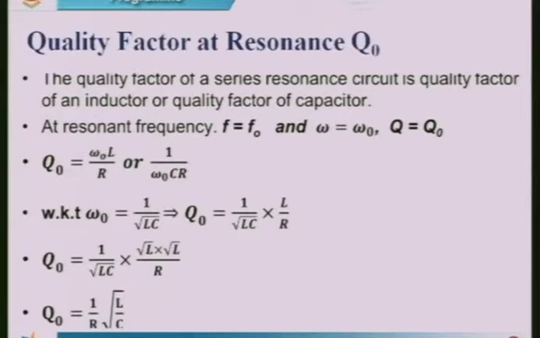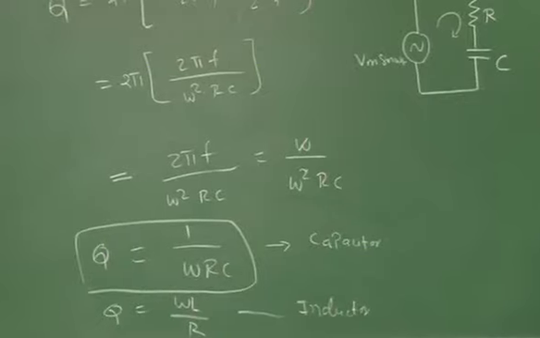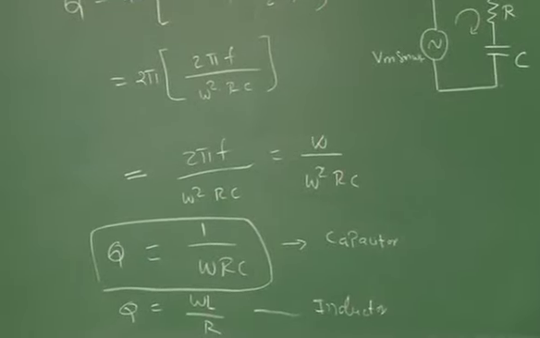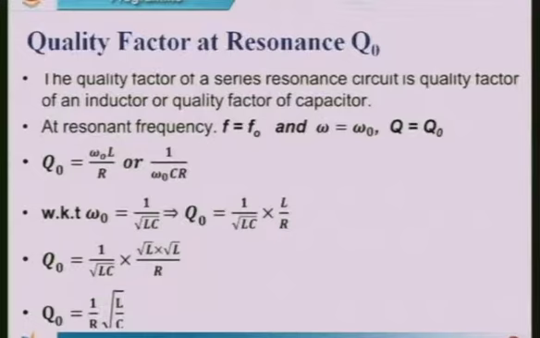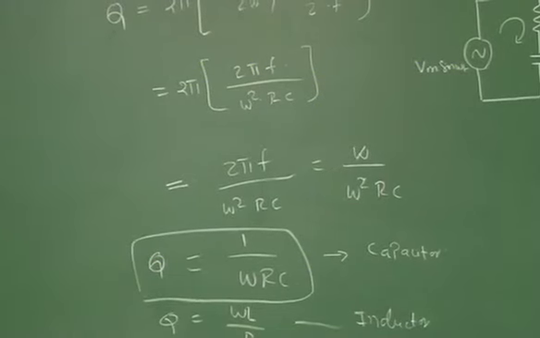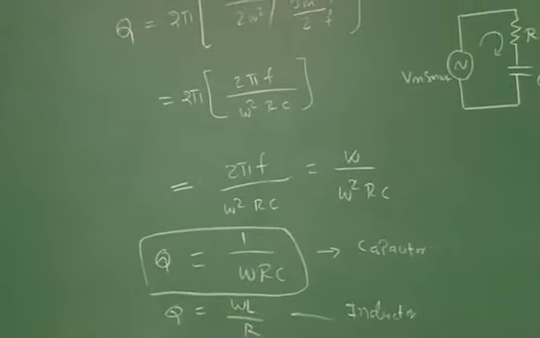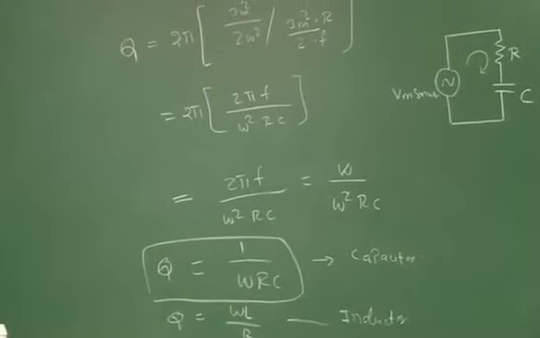The quality factor of either an inductor or the capacitor. So in these last two equations, if I substitute omega equal to omega naught, it will become q equal to 1 by omega naught into CR or omega naught into L by R. So both these equations will give you what is the quality factor at resonance.